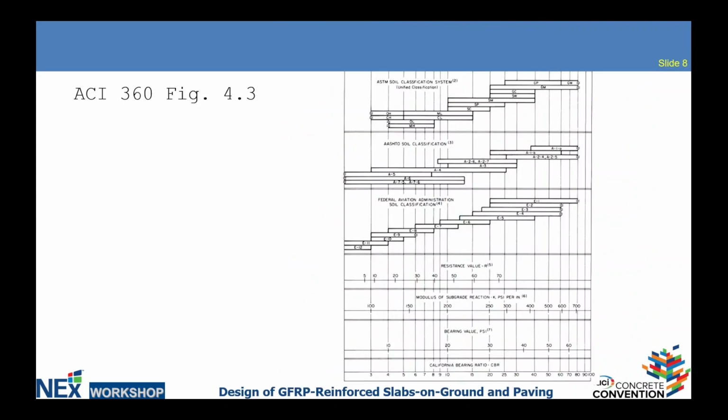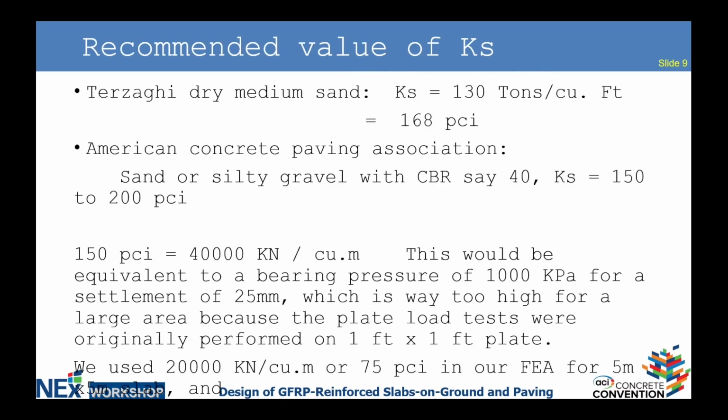It's 150 to 200 PCI. Then in ACI 360 itself, it also has this bar chart that relates the Ks to CBR, the California Bearing Ratio. So we do have values that we can use pulling from different sources, okay, for the modulus of subgrade reaction.